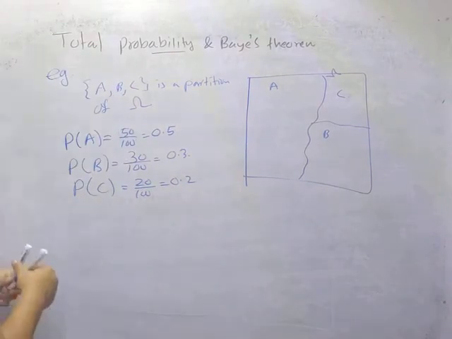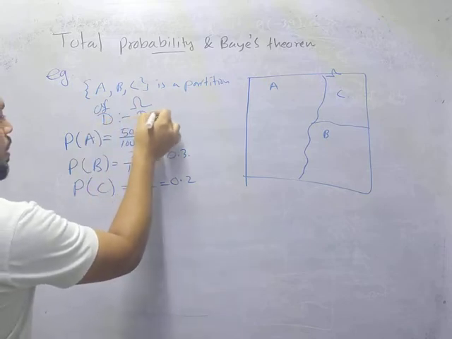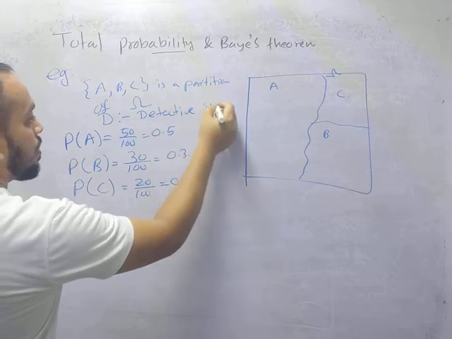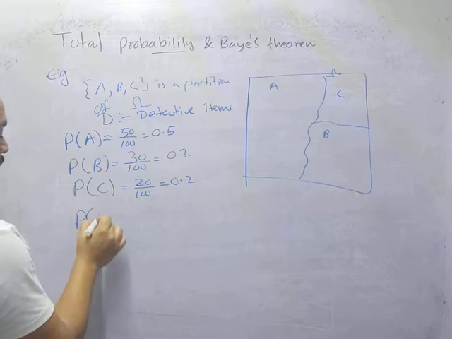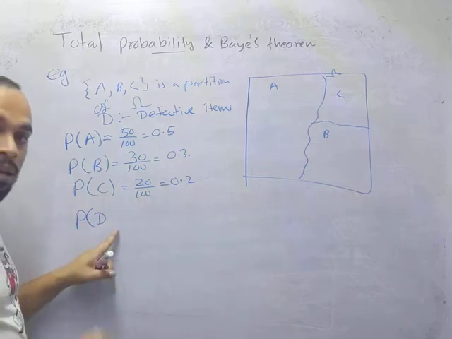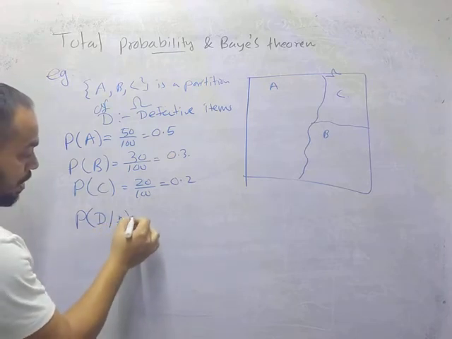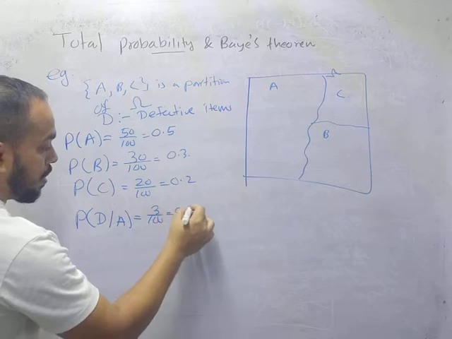So let's assume D is the event defective items. The probability of a defective item from machine A is 3 out of 100, 0.03.